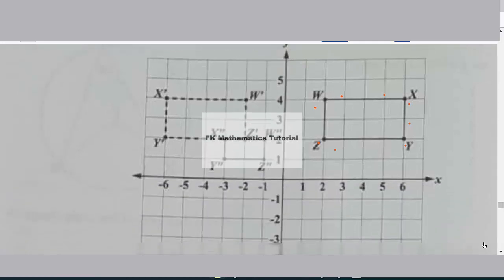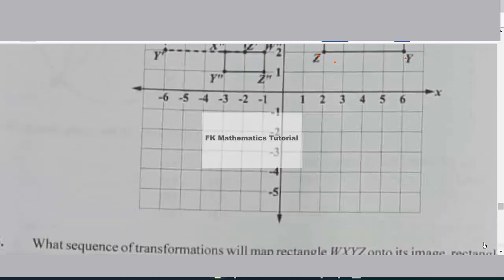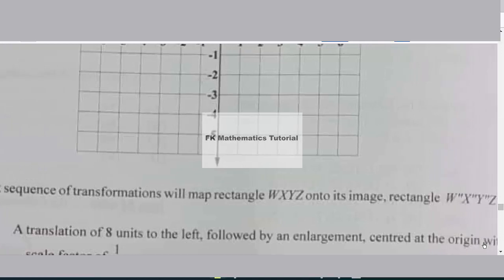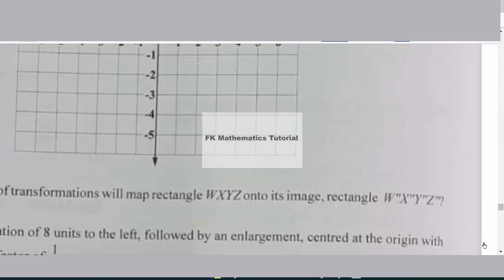So let's see which transformation was applied. What sequence of transformations will map rectangle WXYZ onto its image, rectangle W double prime, X double prime, Y double prime, Z double prime?